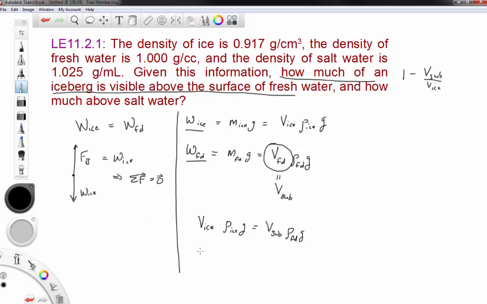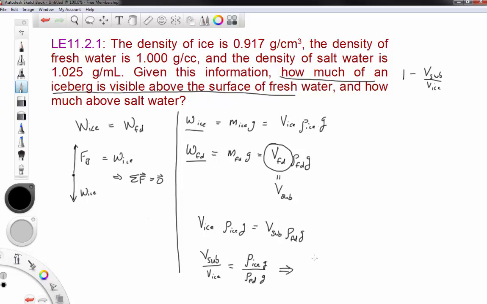And you can see down here that volume submerged over the total volume, you can get by dividing both sides by this total volume, and then dividing by rho times g. So you get the density of the ice divided by the density of the fluid displaced, times g on each.